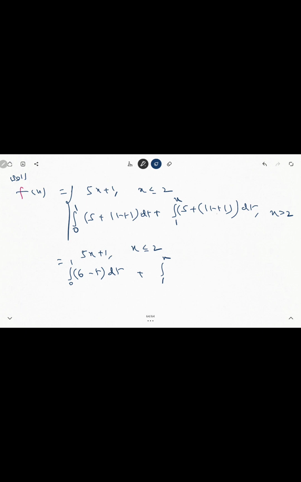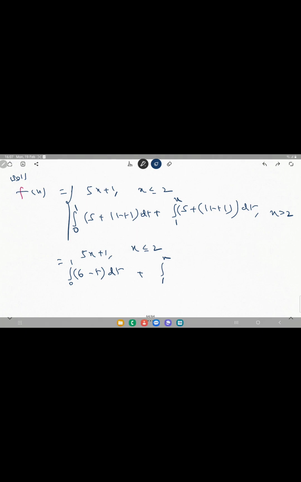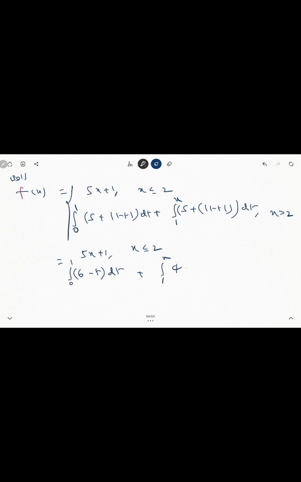T is more than 1 means 1 minus some 1 point something, it is negative. So if you remove the modulus, you are getting t minus 1. So finally we are getting 4 plus t.